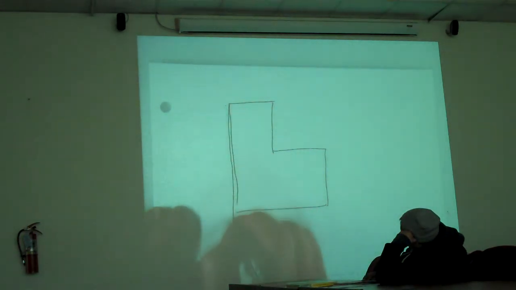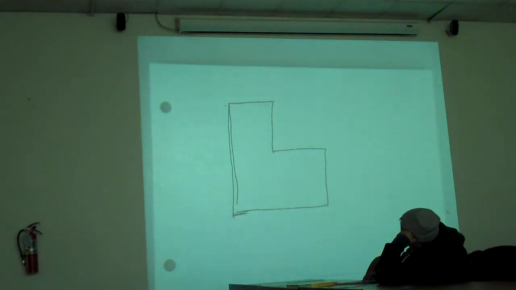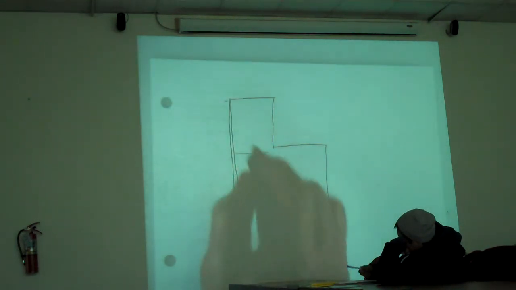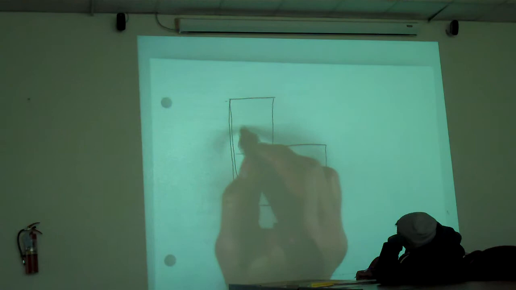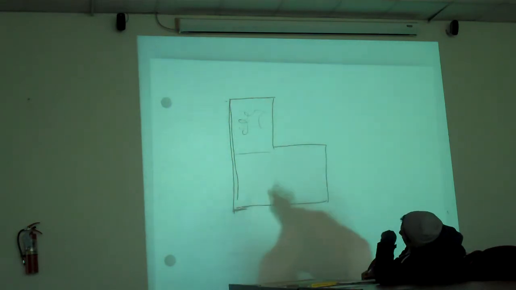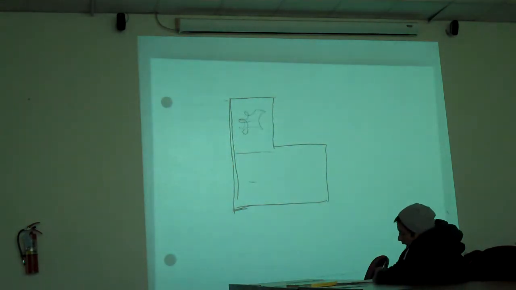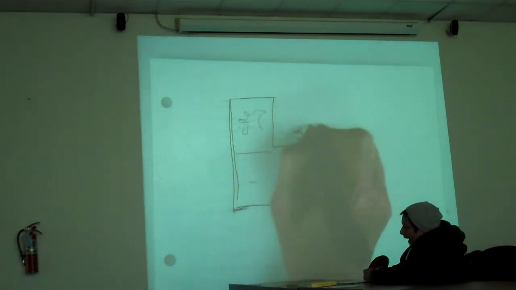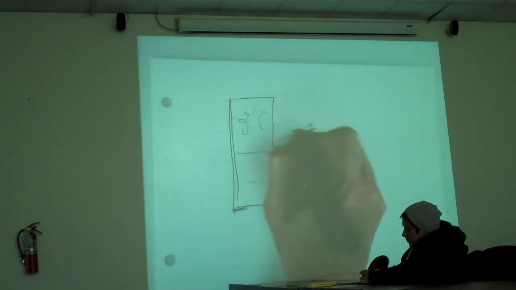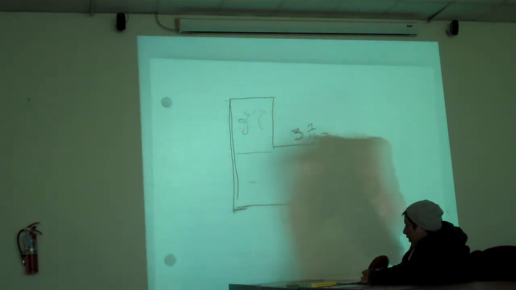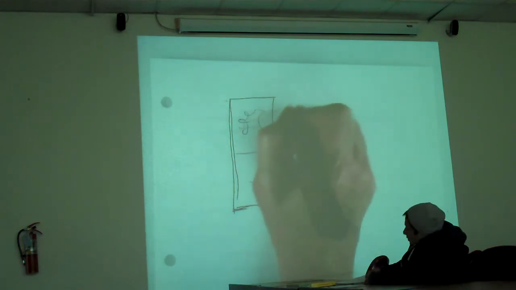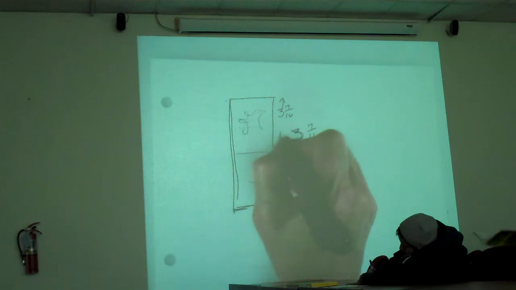I didn't make a very pretty one, but there's your entertainment center with your TVs or whatever in here. It has a bunch of numbers in here. 3 and 7/16 this way, and 3 and 7/16 this way.